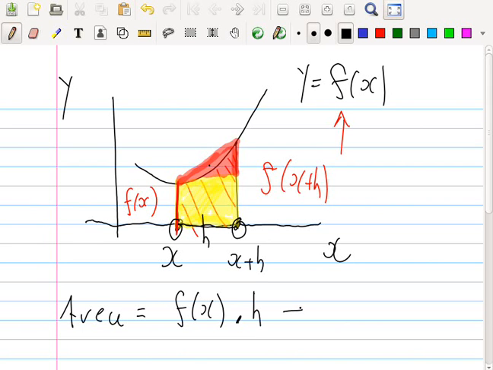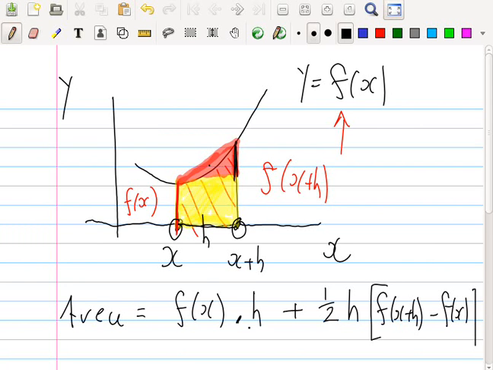Now, what about this triangle? It's half the base. Now, what's the height though? And don't say f of x plus h. It's f of x plus h minus f of x.